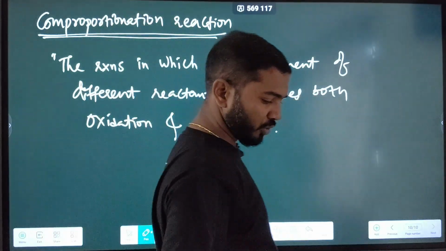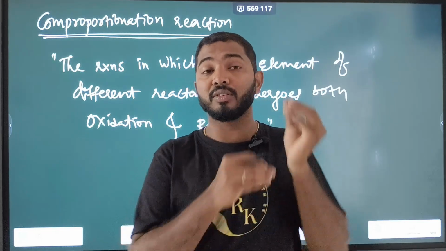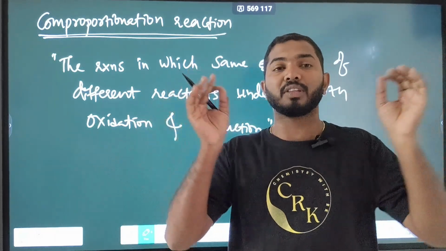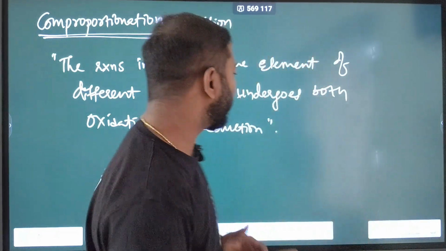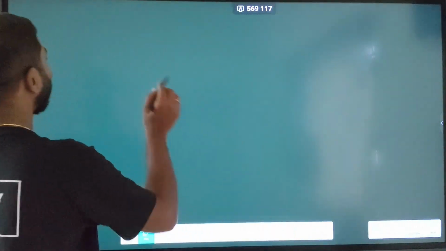Same thing, just quite opposite. Same element of the same reactant is disproportionation, same element of different reactants is comproportionation. You will get more clarity once we take an example.